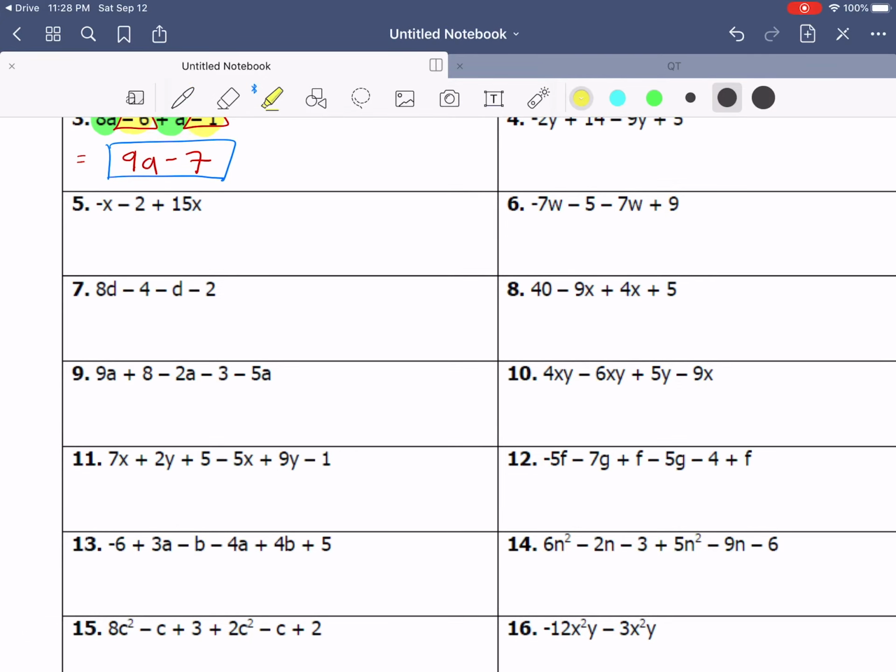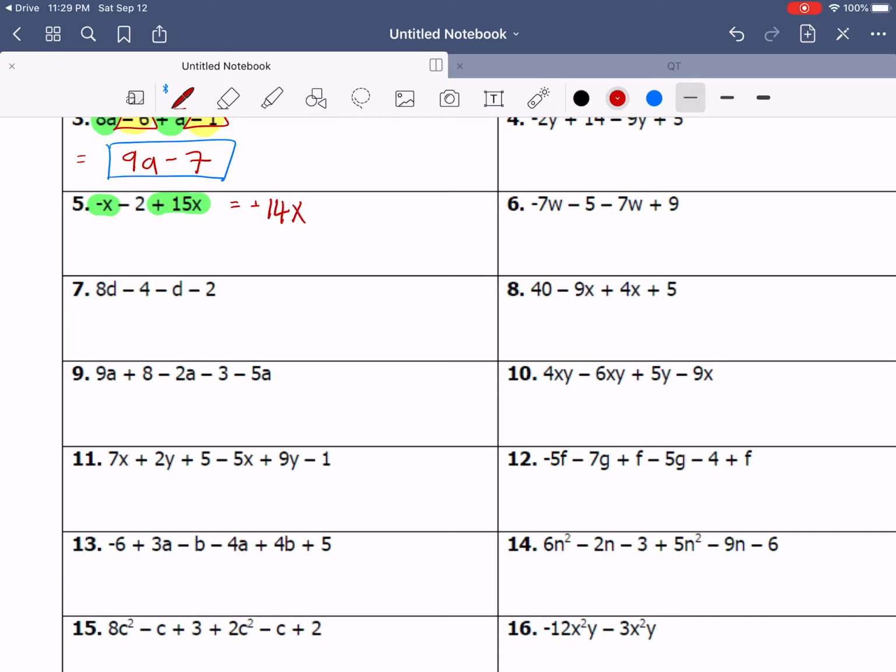Now this question. This is why a highlighter is important, because it's so easy to organize. And make sure to highlight with the sign like this one, okay? You're including the sign as well. Here we go. Negative x plus 15x will give you positive 14x.